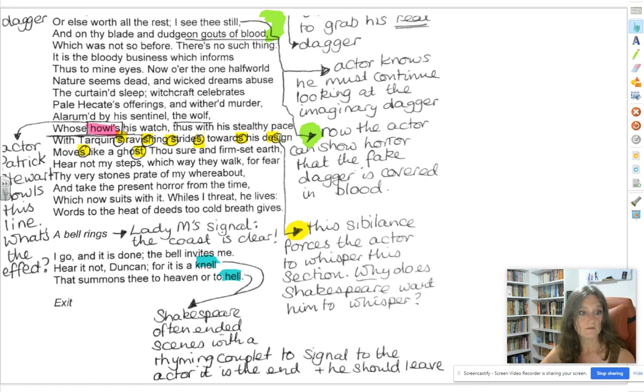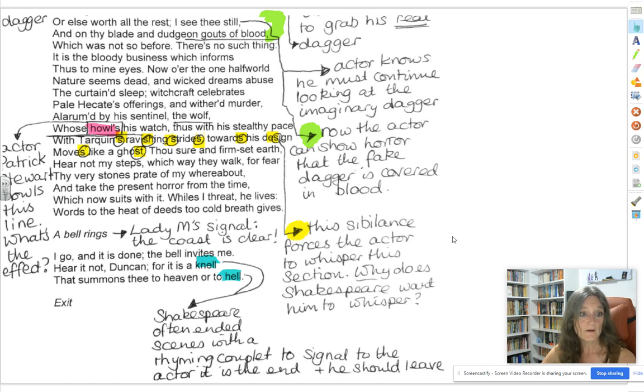Hopefully you can see really clearly that sibilant effect, those repeated s and sh sounds through that. And basically that sibilance in that language almost forces the actor to whisper, doesn't it? Why does Shakespeare want the actor to whisper those lines?